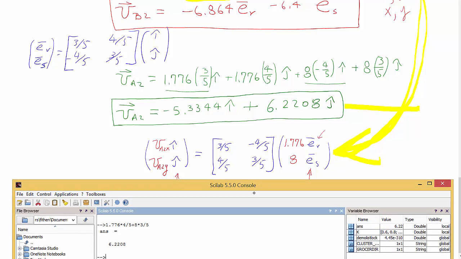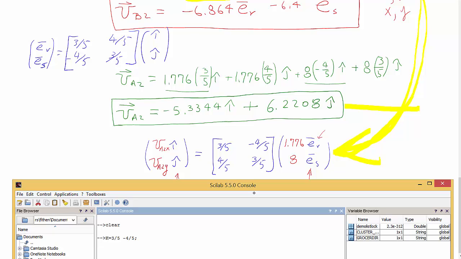I'm not sure what I have anymore, so let's do a clear again, and here I'll even do a clear to get rid of everything. And then say K is equal to 3/5, minus 4/5.